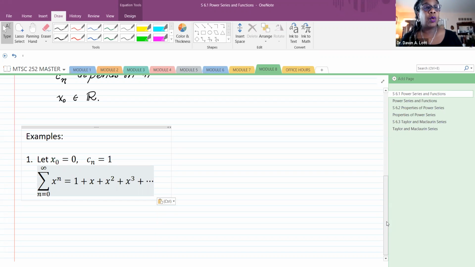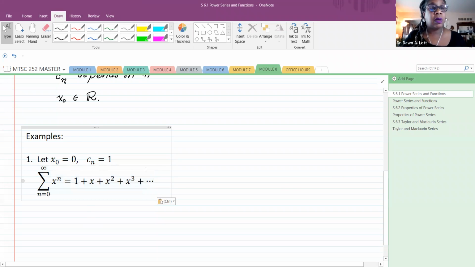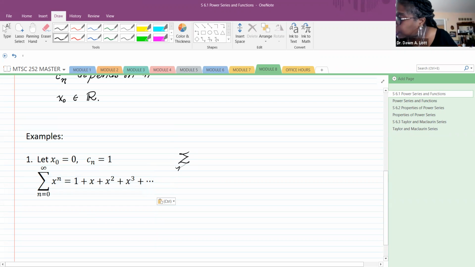So in this series, the c_n collapses because it's a hidden 1 in front of it. This is the sum n equals 0 to infinity, and then we have a silent 1, and then we get (x minus 0) to the n.